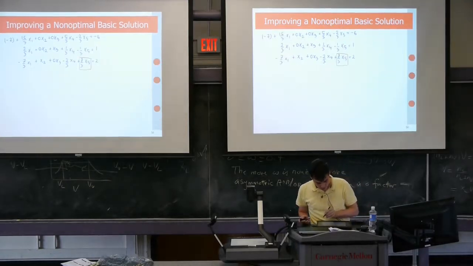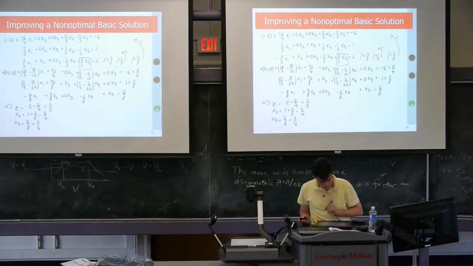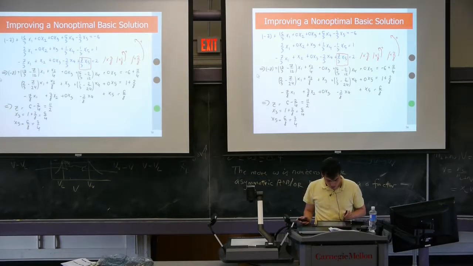Now if you do these steps, you will get this system here, where you can see that the new value of z will be minus 6 plus 2 over 4, that's 11 over 2. And you can also read the new values of x3 and x5.